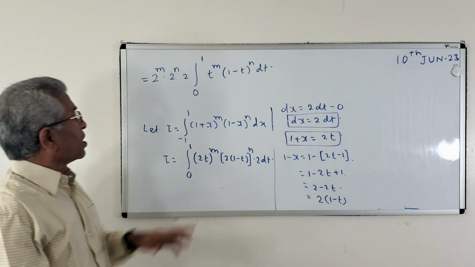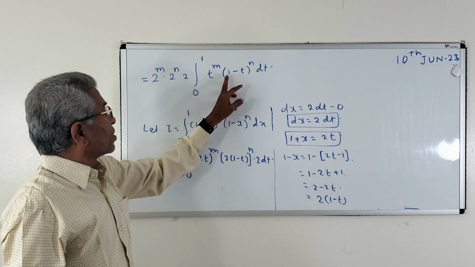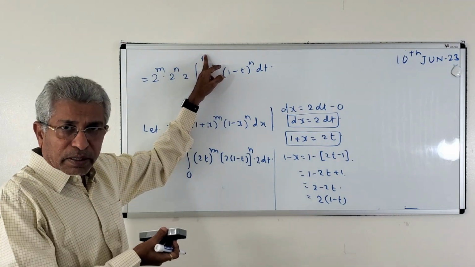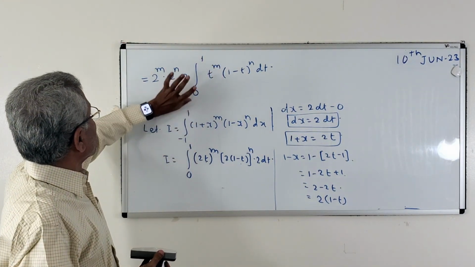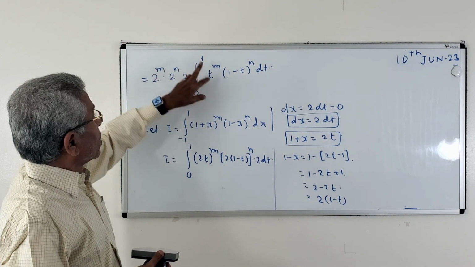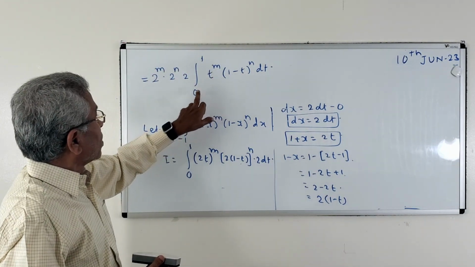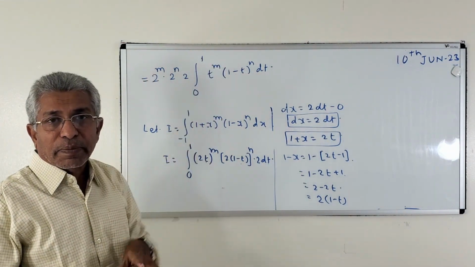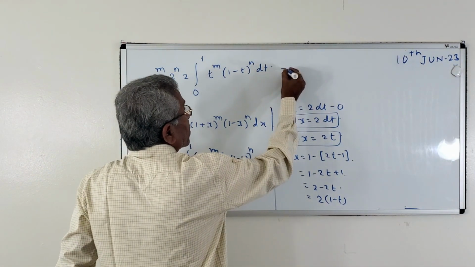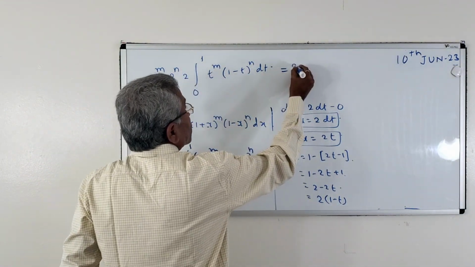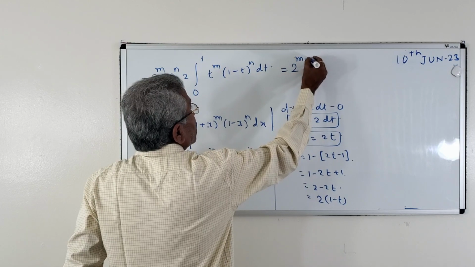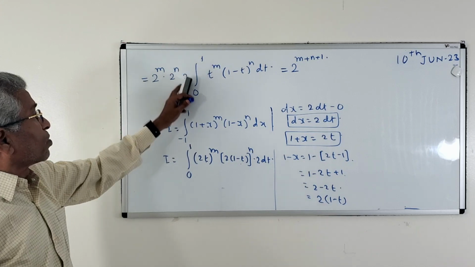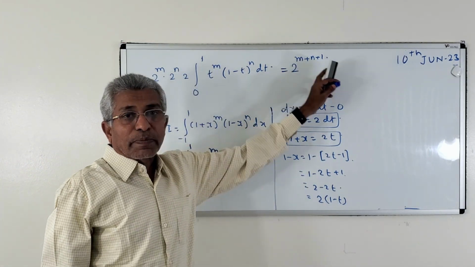See here, t is 0 for the lower limit and 1 minus t is 0 for the upper limit. Limits are 0 and 1 according to the definition of the beta function. So it is a beta function. To write this in beta function, the multiple is 2 raised to m into 2 raised to n into 2, just 2 raised to m plus n plus 1.